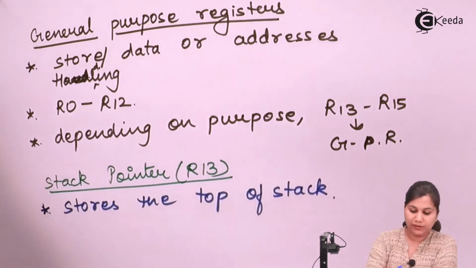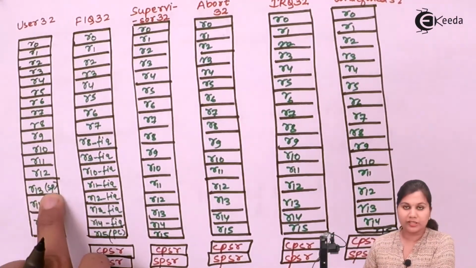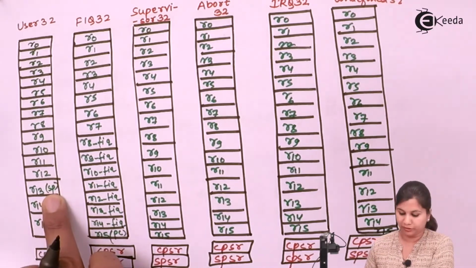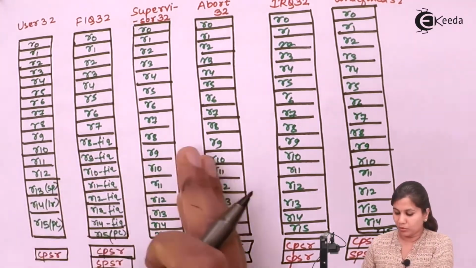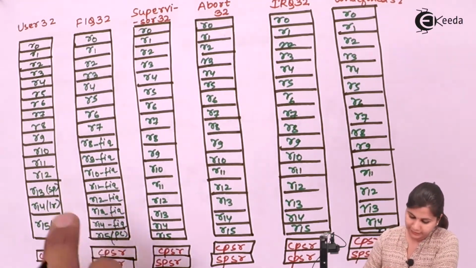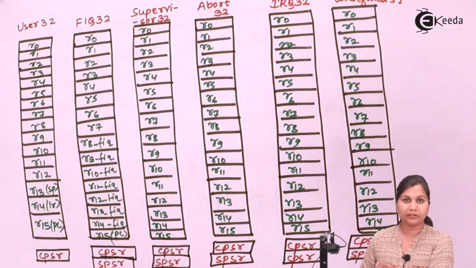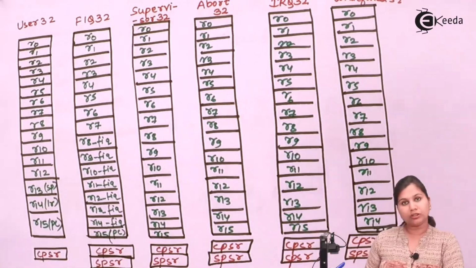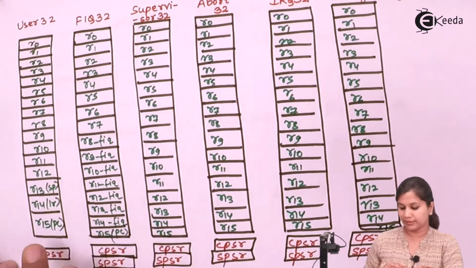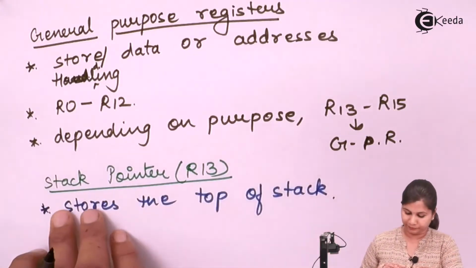So in this user mode, user 32, the R13 register is used as the stack pointer. According to the modes the register will change, like in FIQ 32 there is no stack pointer. So according to the current processor mode, the stack pointer stores the top of the stack.